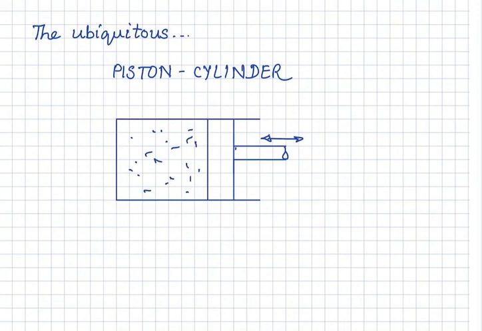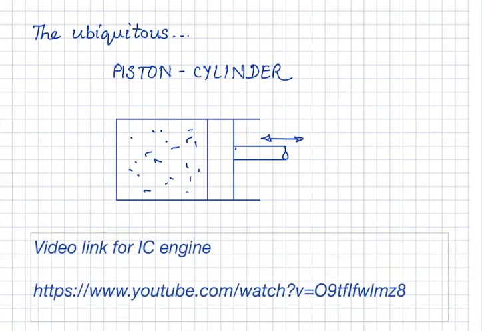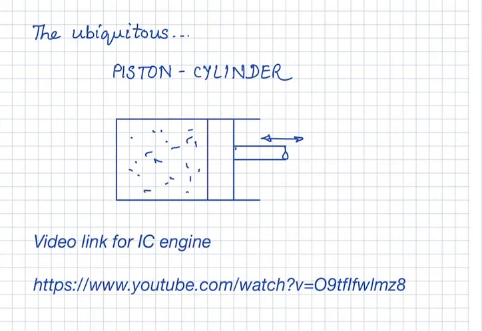It is very useful to understand many basic concepts, especially when we look at the systems approach of thermodynamics, and we will use this piston cylinder over and over again. What I would like you to do is to go to the internet and look at a video animation which is very interesting to see, and shows the internal working of the IC engine, and shows all different parts, how they come together, at this link.